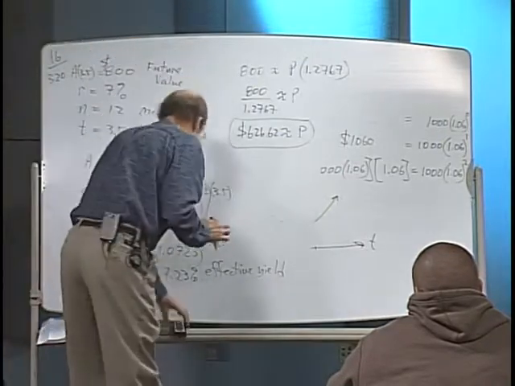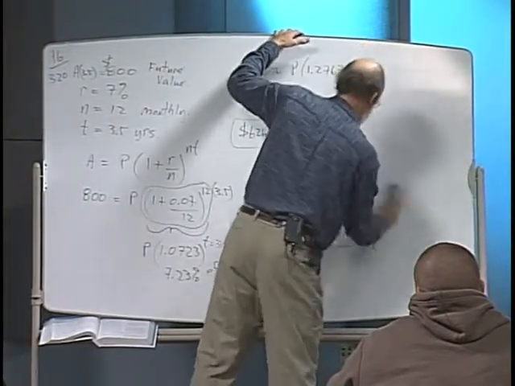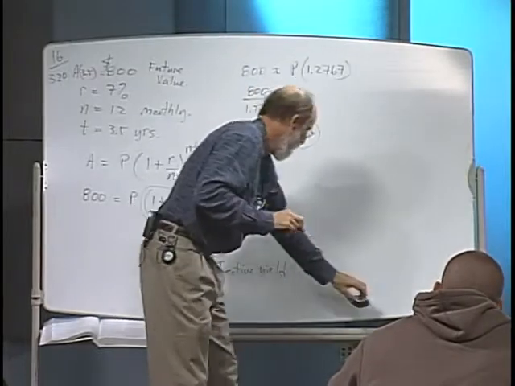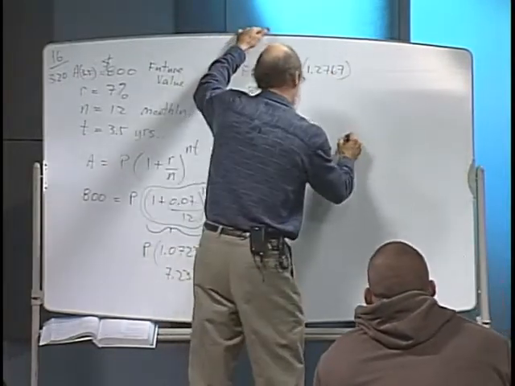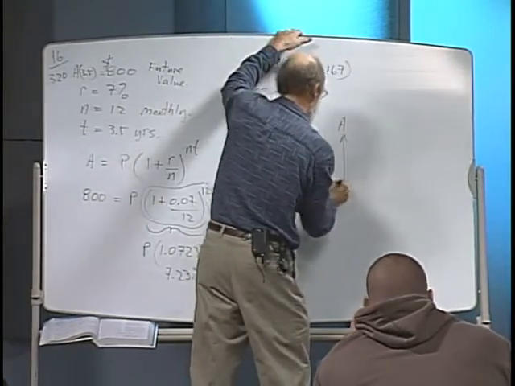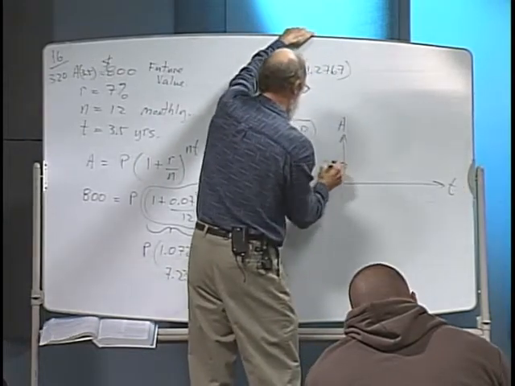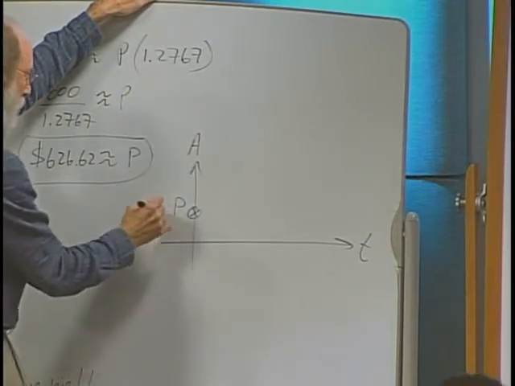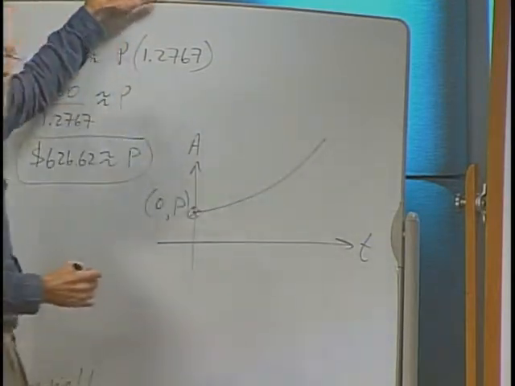I wanted to do some variations on this problem, but in the interest of time, it won't lend itself too well to that. But what I want us to do is look at this graph, because this is what's important. Here's your initial investment right here, and this is called P, and that's your y-intercept, and this thing is growing.